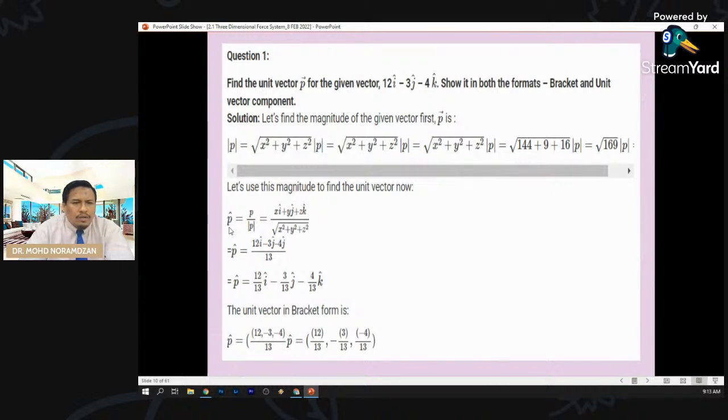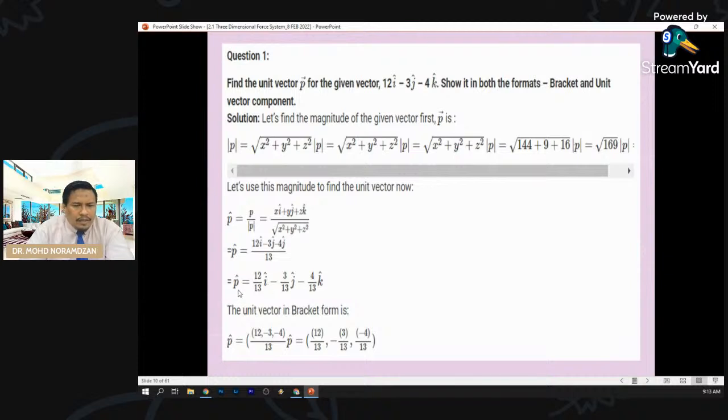The unit vector p equals vector p divided by the magnitude of p. So this is 12i minus 3j minus 4k divided by 13, where 13 is the magnitude of vector p.